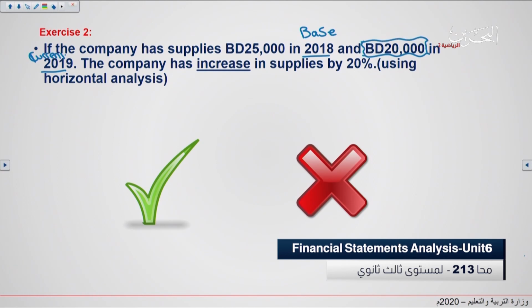The base amount is 25,000. The question says the company has an increase in supplies of 20%.